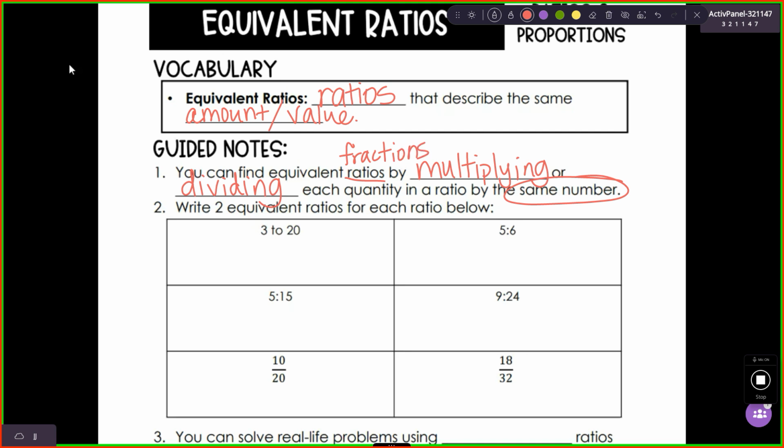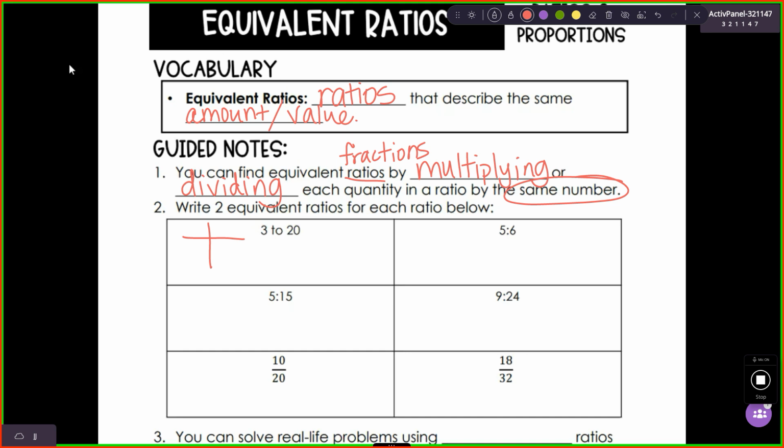Now it says write 2 equivalent ratios for each ratio below. When in doubt, table it. Your table is going to be your very best friend to help you create equivalent ratios. Okay? So I'm going to create my table. Do we have the names of the categories here? No, we have the numbers. So in this instance, we don't have names. So do I know what's my part and my part and my whole?